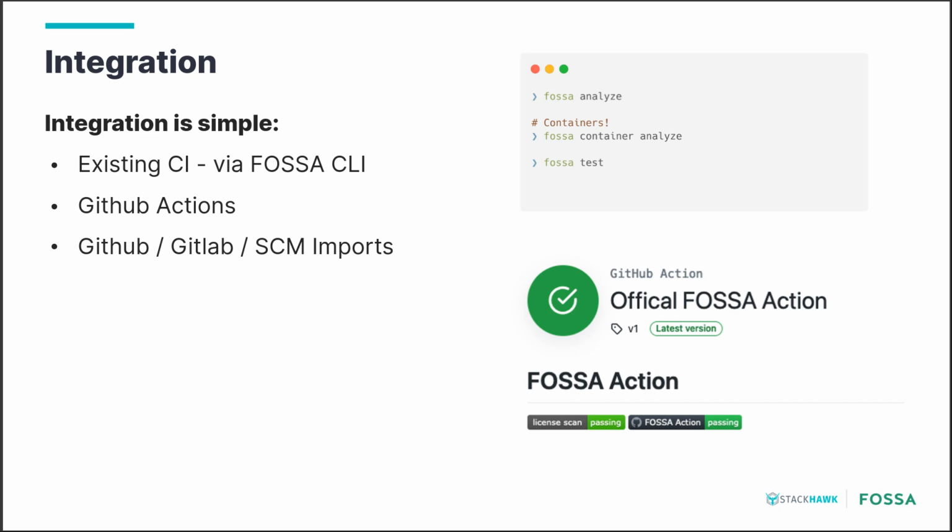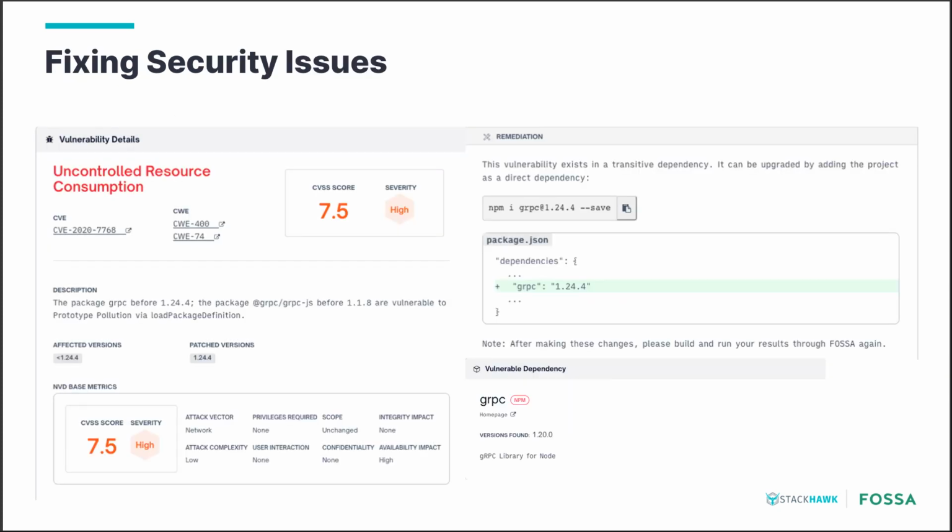So that's the first step. Once you've imported projects and done some scans, we start getting into the policies and issue resolution, which is the next step. So when we have a security issue, we get screens like this.